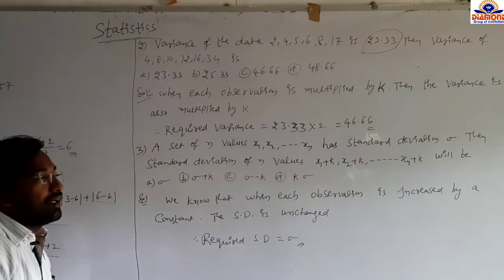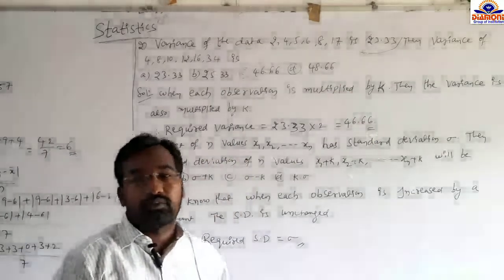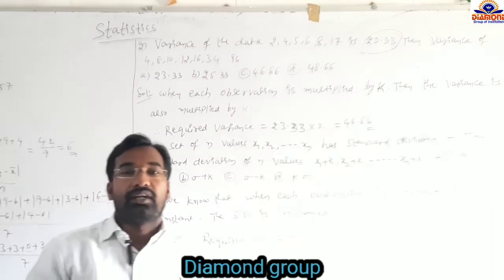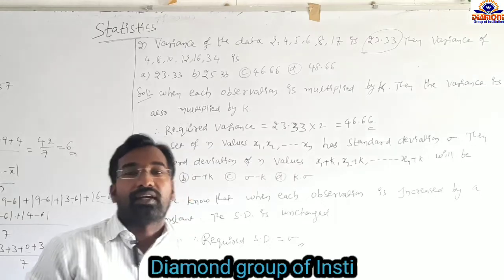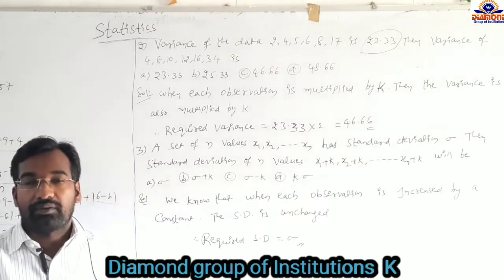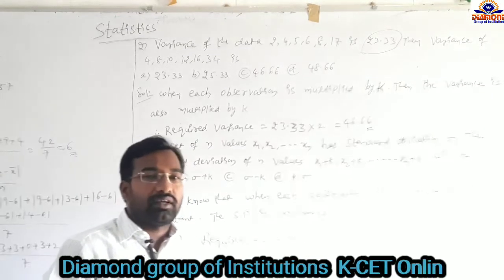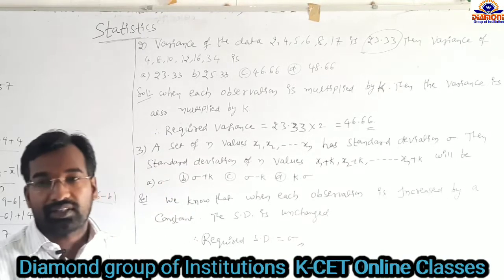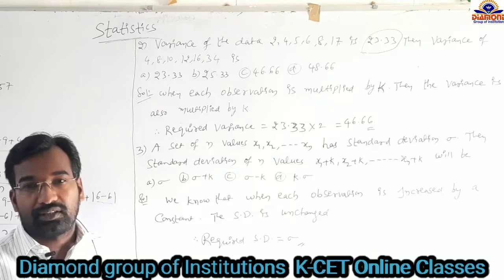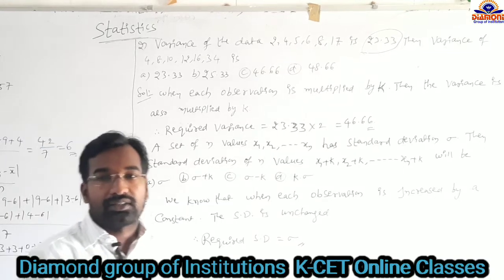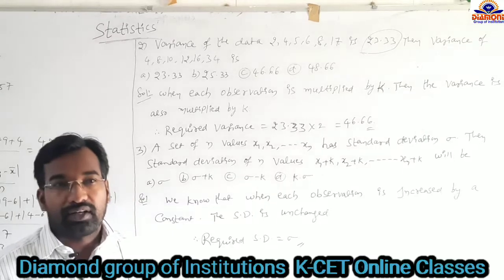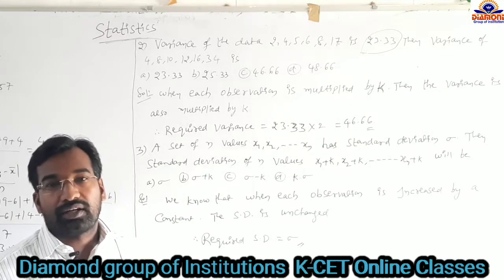Suppose x1, x2, so on, xn are the observations and the standard deviation is sigma. Suppose a constant k is multiplied to each observation. At that time the standard deviation also changes. The required standard deviation is multiplied by that constant, so it is sigma into k.